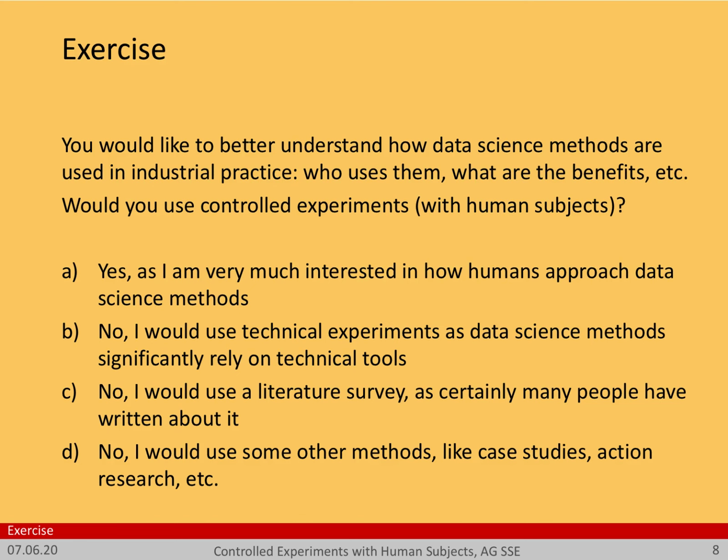The second: no, I would use technical experiments as data science methods significantly rely on technical tools. Well, the no is correct, but the argument is faulty, basically. So technical experiments will also not be a good way of dealing with that. The third: no, I would use a literature survey, as certainly many people have written about it.